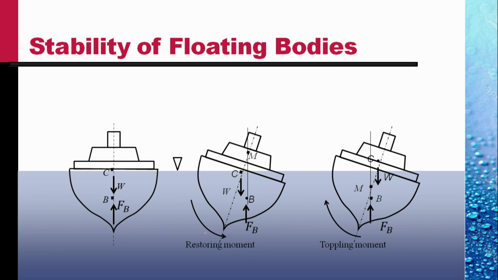Then the buoyancy center, even if it shifts to the right, the center of gravity shifts to the right more, and the two forces, the buoyant force and the weight force, form a clockwise couple, which is a toppling moment, because it will topple the ship and the ship might turn turtle.